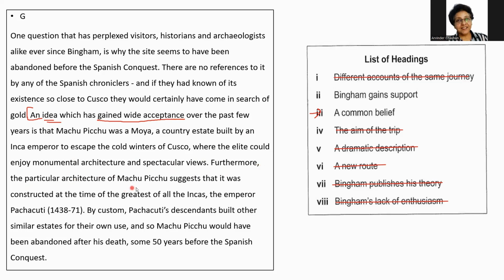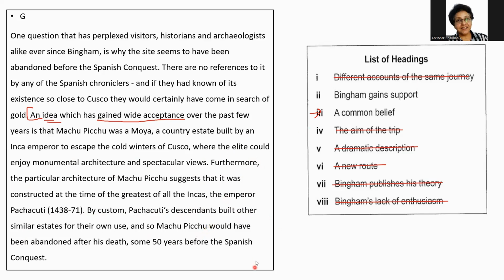Furthermore, the particular architecture, and here, by custom, his descendants built other similar estates. So they're talking about the building, the construction, and why and how it was built, right?